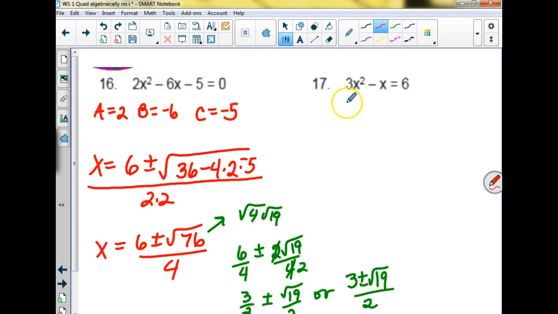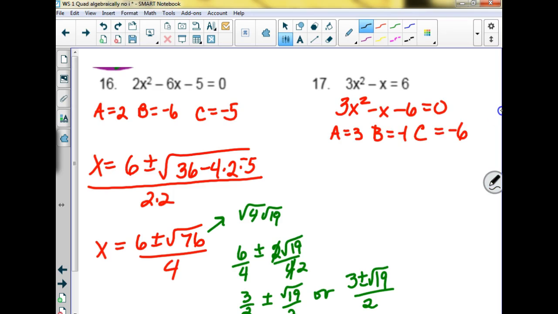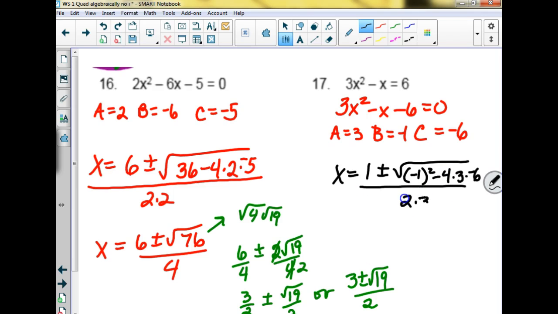There we go. All right, so we have to make this one equal to 0. And then we'd have A is 3, B is negative 1, and C is negative 6. So the opposite of B, which is positive 1, plus or minus the square root of B squared, which is positive 1, minus 4 times A times C, all over 2 times 3.